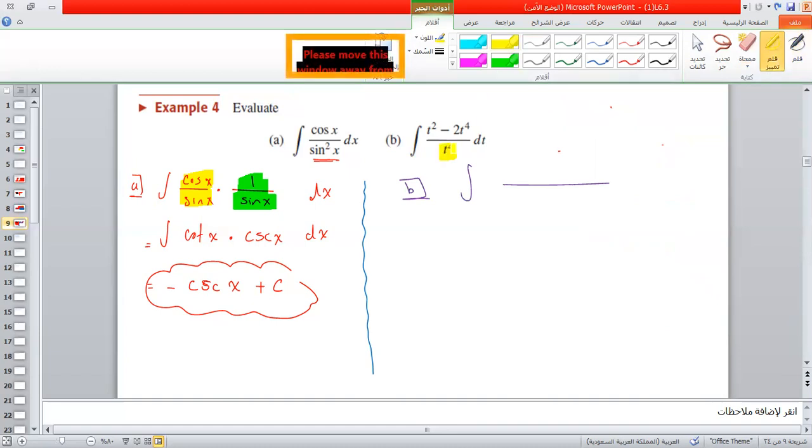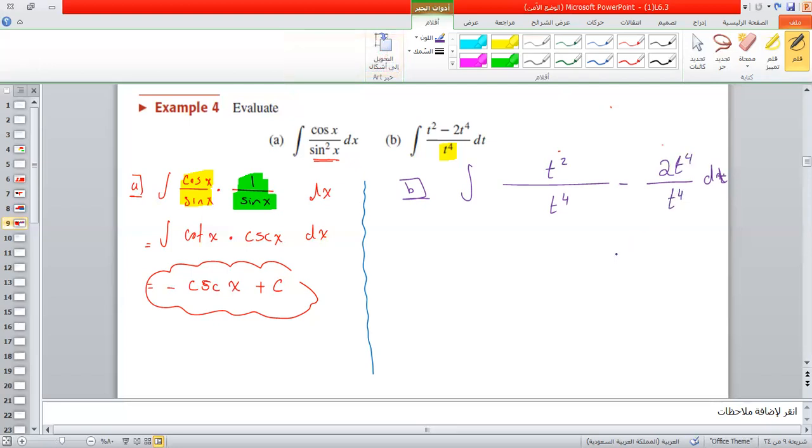So we can split this fraction into the difference of two fractions: t to the power of 2 over t to the power of 4 minus 2t to the power of 4 over t to the power of 4.